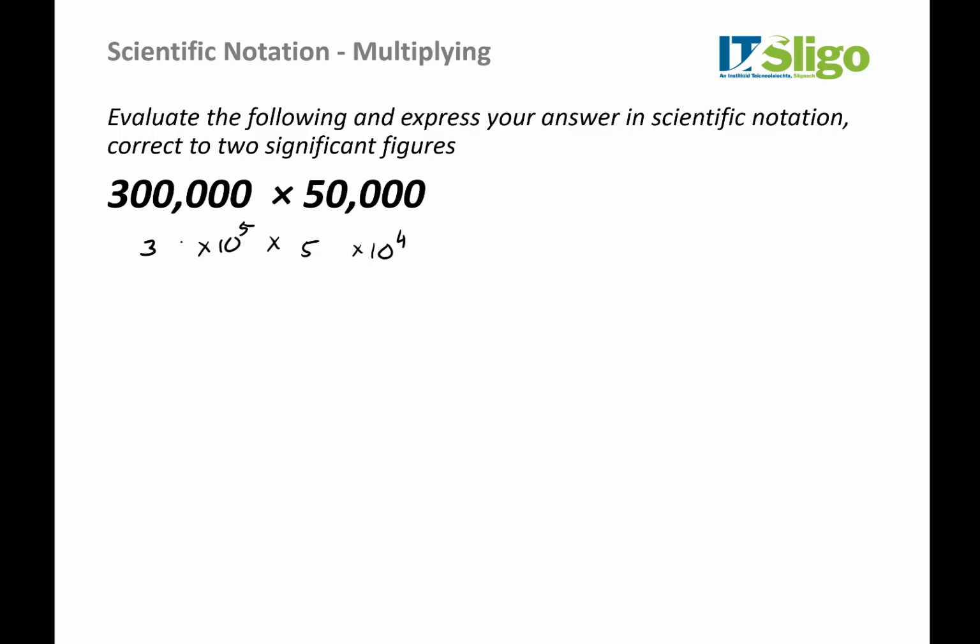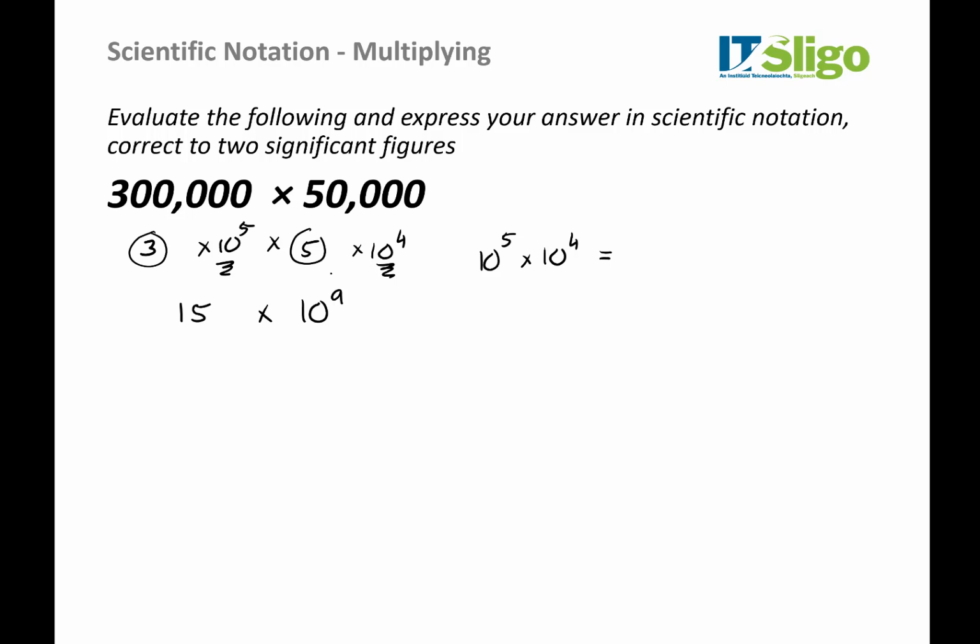So now, guys, when we have these, numbers do what numbers do. 3 by 5 is just 15. And then, guys, powers do what powers do. We have 10 to the power of 3, 10 to the power of 5 multiplied by 10 to the power of 4. So my power is going to be, we add the powers, 10 to the power of 9.